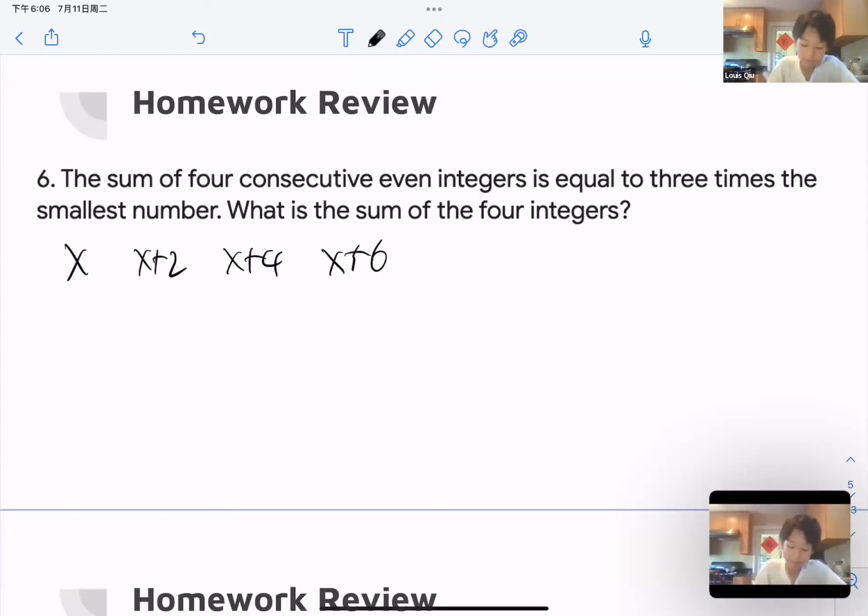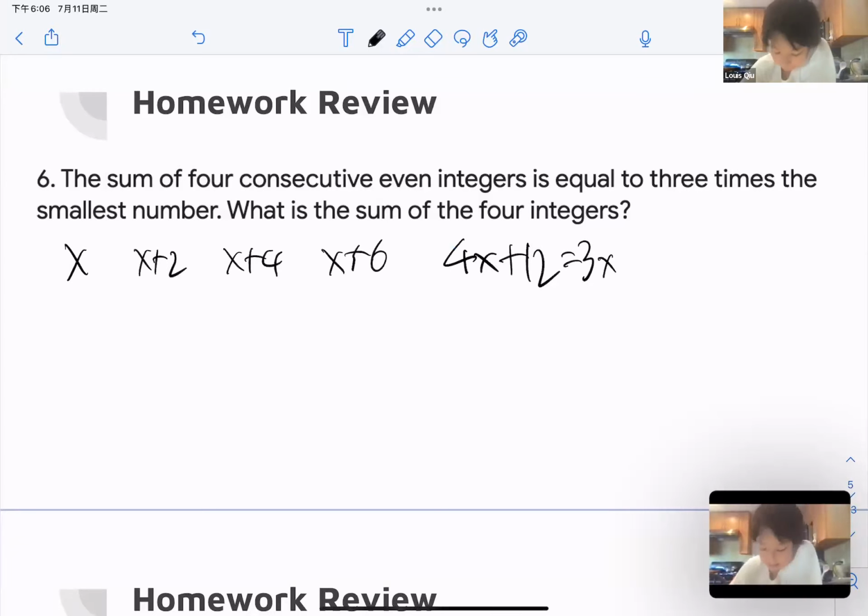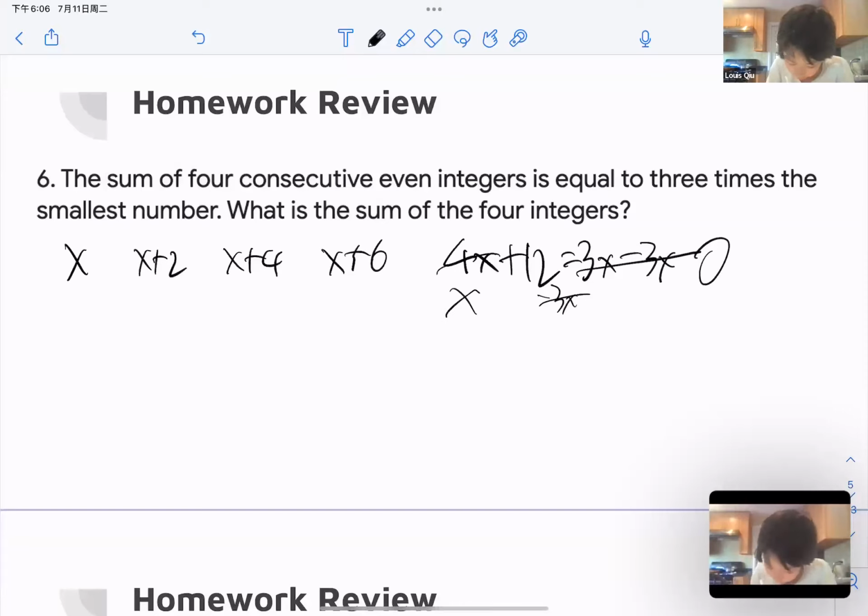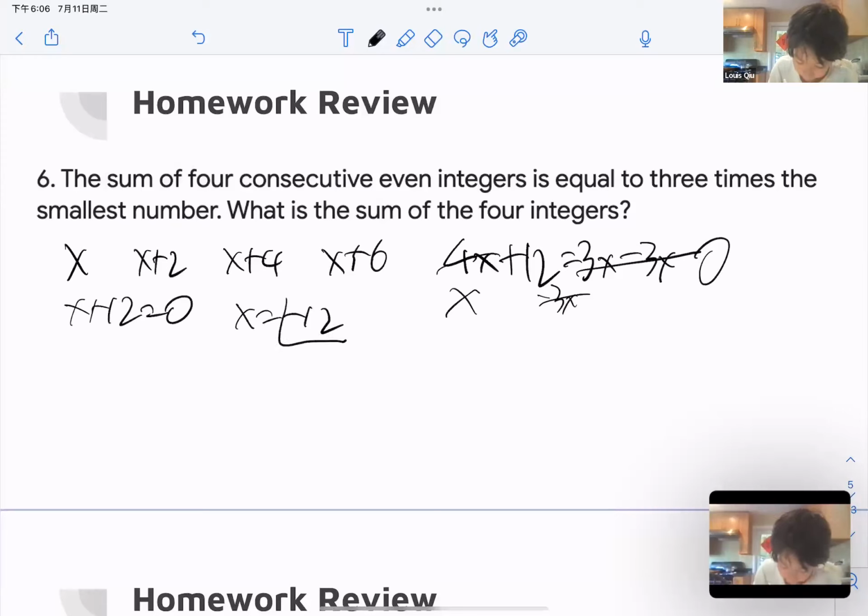Adding these together is 4x plus 12, and this equals 3 times the smallest number, which is x. If you subtract 3x from both sides, this gives x plus 12 equals 0. So x equals negative 12. Questions? If no questions, then I'll move on.